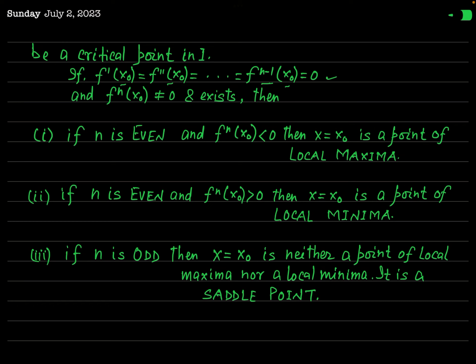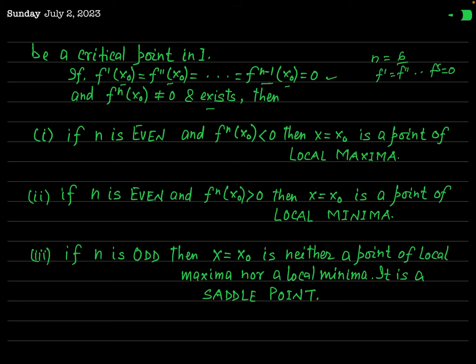What does it mean? If n is equal to, let us say, 6, then the first order derivative, the second order derivative, up to the fifth order derivative, all these are 0. But the sixth order derivative is not 0, and it is also not undefined, but it exists.